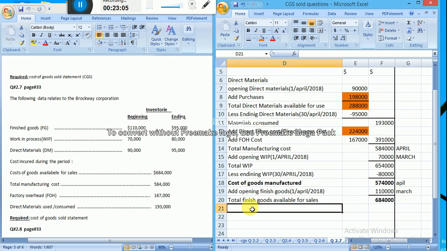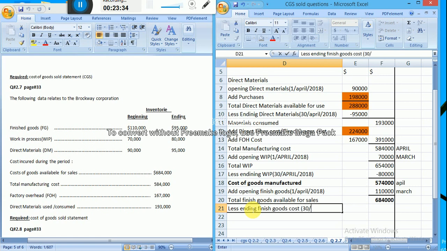These are unsold, clear? They will be sold in the upcoming month. So I will subtract here, less ending finished goods cost.